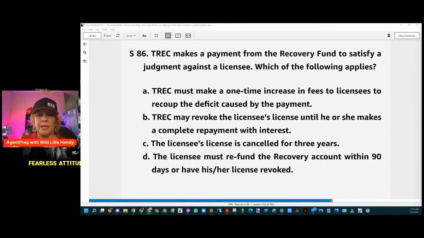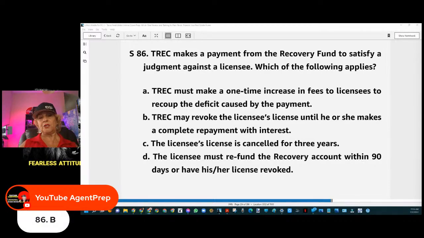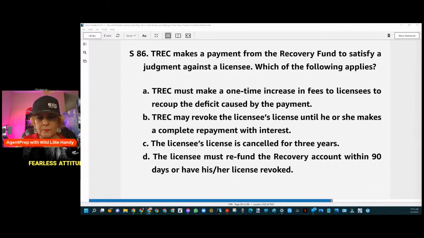And a lot of times my understanding is E&O attorneys will negotiate a settlement instead of going to court. So when there are damages, TREC will pay the civilian or the complainant the damages, and the realtor, salesperson, broker must return that money with interest.